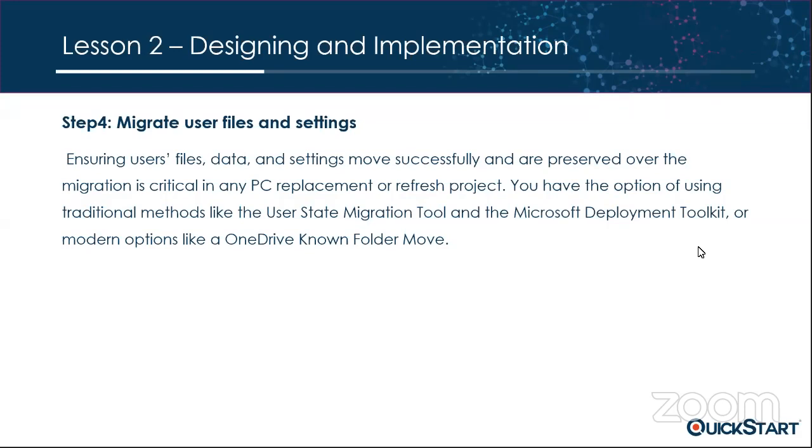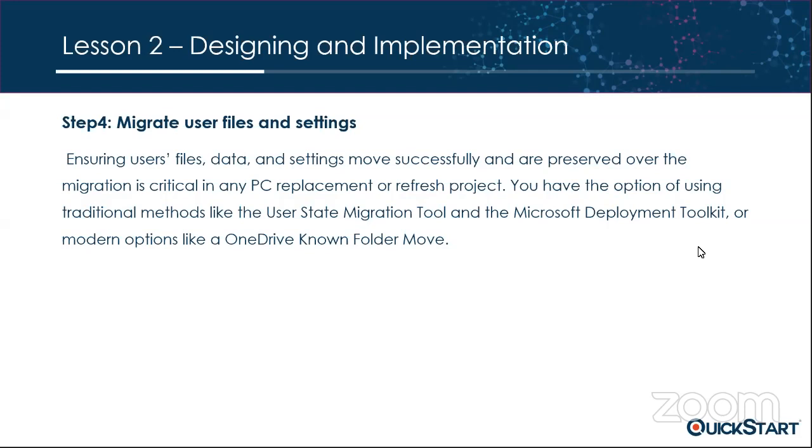So migrate user data with the user state migration tool. This tool can be used in large scale deployments. You can automate much of the process using task sequence based automation, by using System Center Configuration Manager.